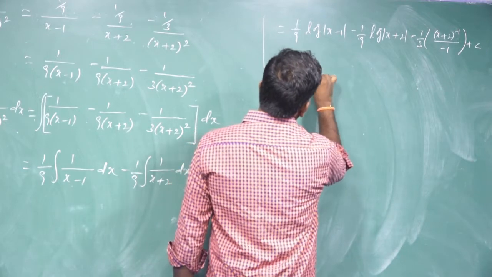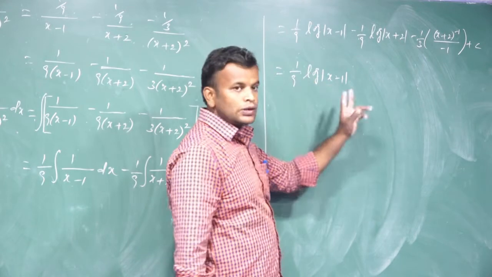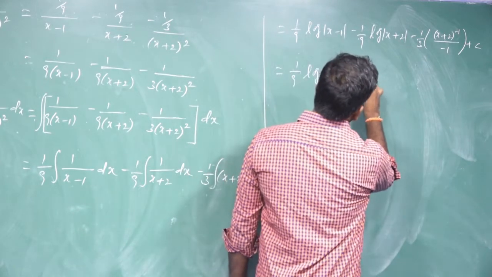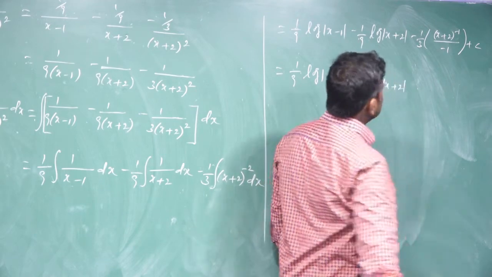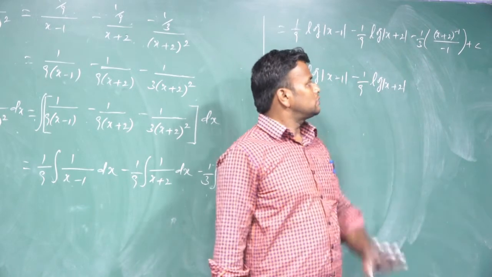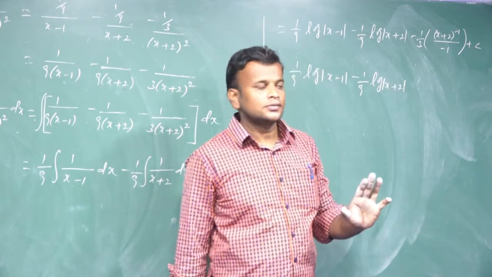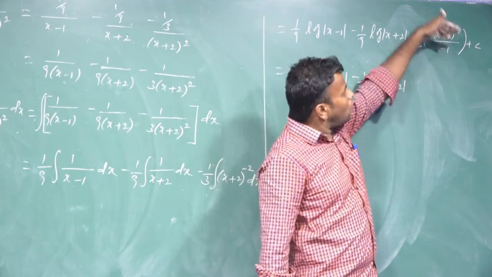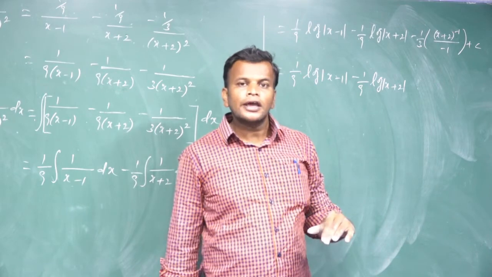So 1 by 9 log of modulus x minus 1, minus 1 by 9 log of modulus x plus 2. What is the final answer of this one? Minus by minus is first of all plus. The x plus 2 the whole inverse term comes in the denominator, it becomes x plus 2.